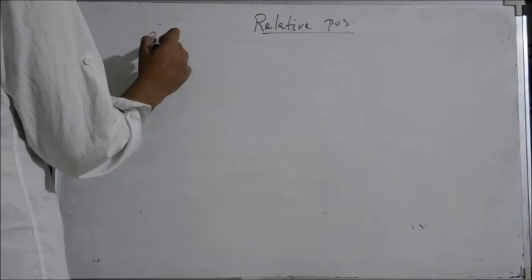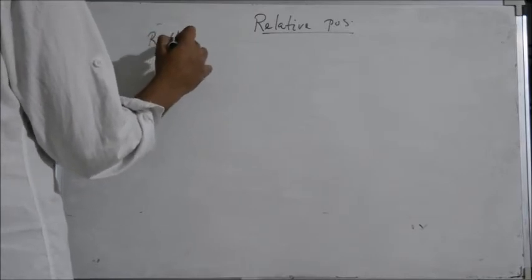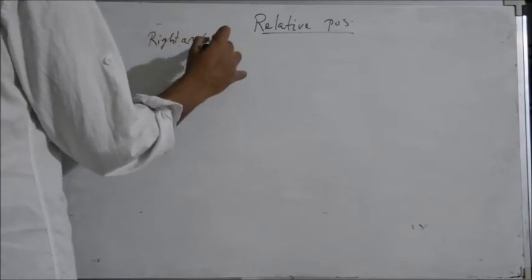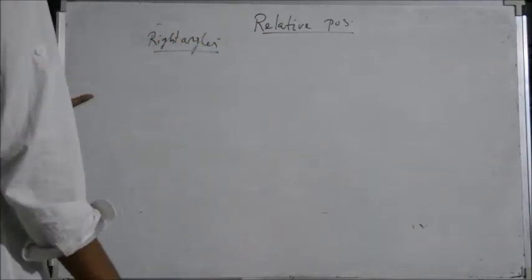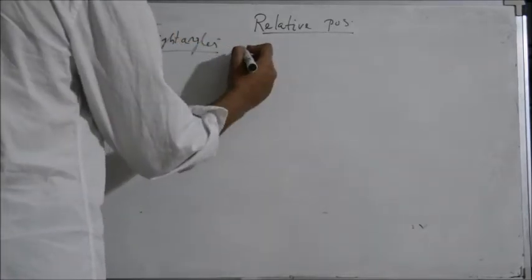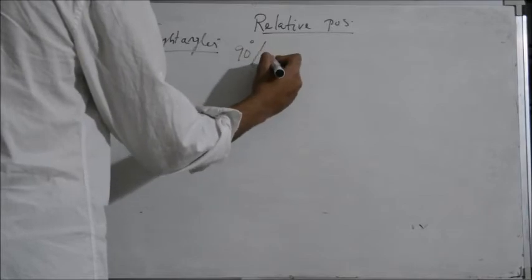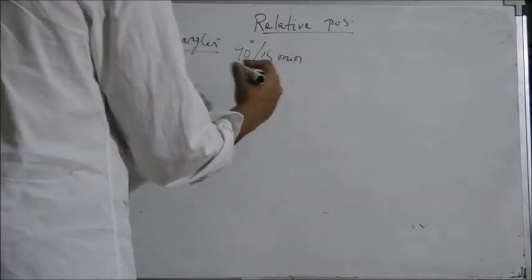For right angles, what is a right angle? When it is 90 degree. If it is 90 degree or 15 minutes, then it is a right angle.